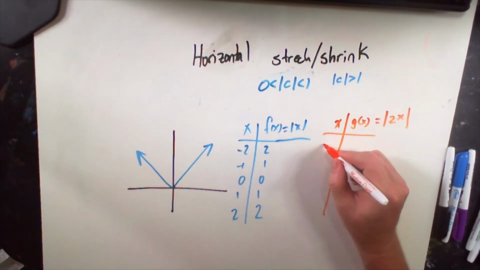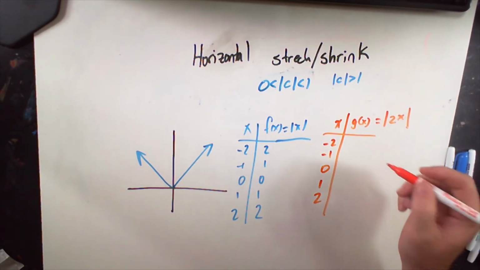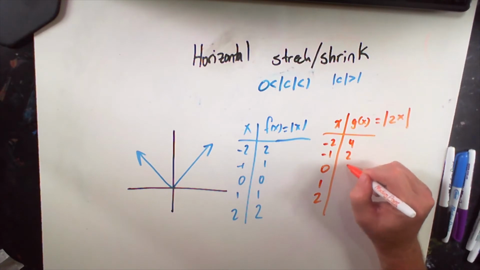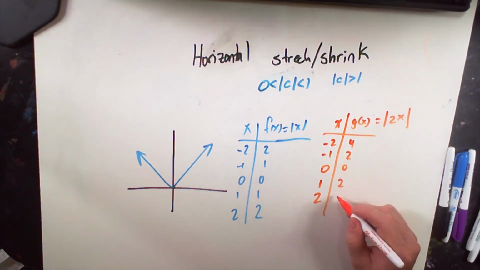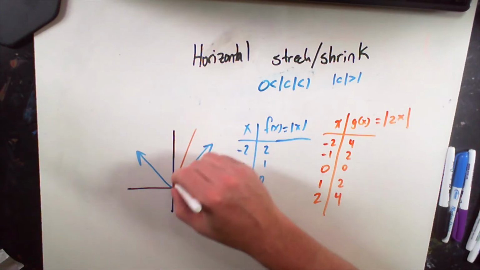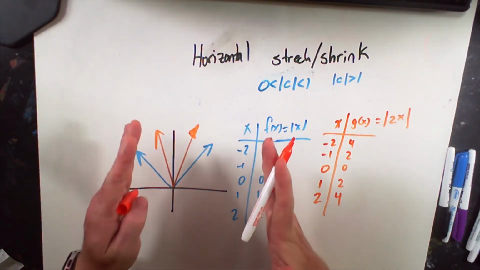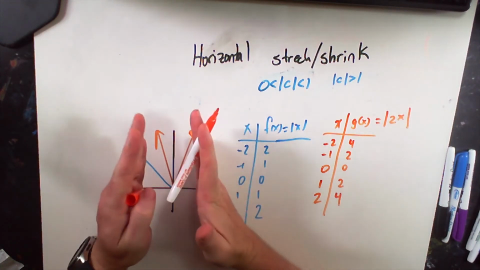What's going to happen there, we plug in -2, -1, 0, 1, 2. This is going to look just like it did when we did a vertical stretch. All right, this is going to be the exact same function as when we did that vertical stretch. The only difference is now we're thinking about it as a horizontal shrink.